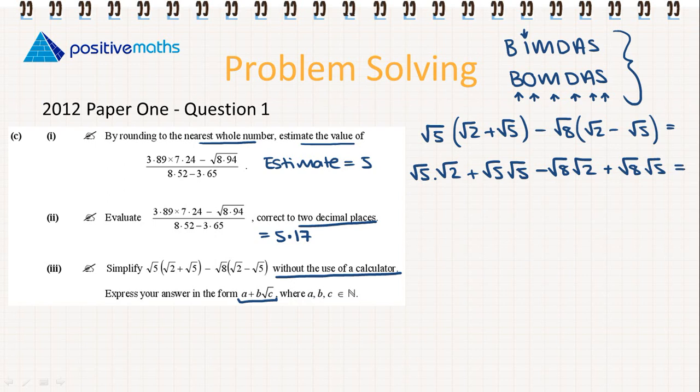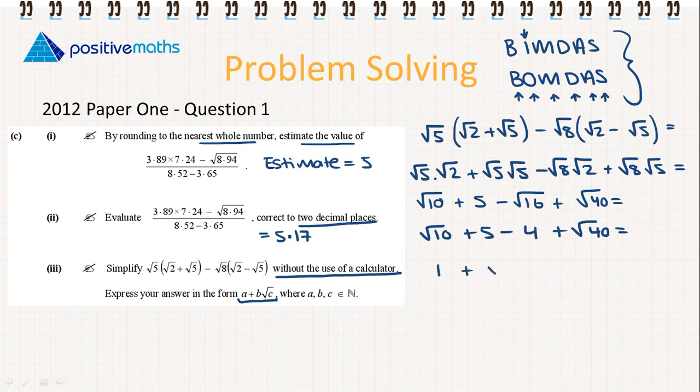Or plus, sorry, for the last one, plus the square root of 8 by the square root of 5. So I'm going to get the square root of 10 plus 5 minus the square root of 16 plus the square root of 40. So my next line, I'm going to have the square root of 10 plus 5 minus 4 plus the square root of 40. So I'm getting closer to simplifying.